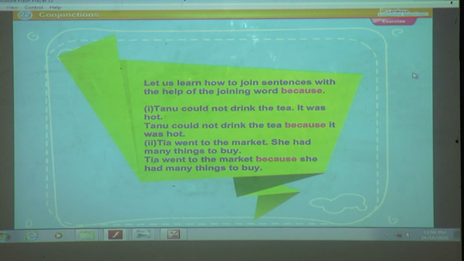Let us learn how to join sentences with the help of the joining word because. 1. Ganu would not drink the tea. It was hot. Ganu would not drink the tea because it was hot. 2. Tia went to the market. She had many things to buy. Tia went to the market because she had many things to buy.